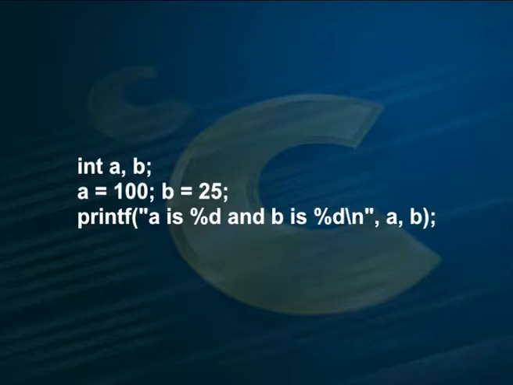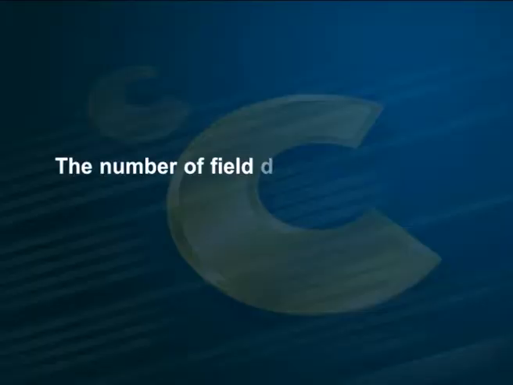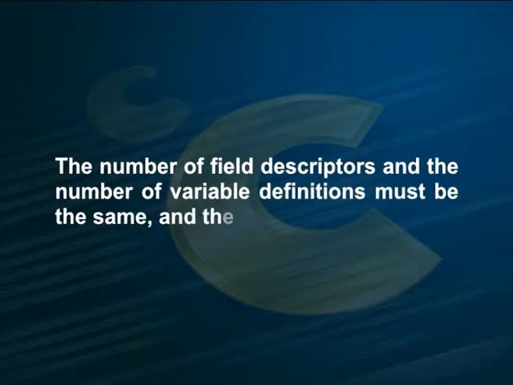For example, the program segment int a = 100, b = 25; printf("a is %d and b is %d\n", a, b) displays a is 100 and b is 25 on the screen, and the cursor goes to the next line. It is important that the number of field descriptors and the number of variable definitions must be the same and the types should match.